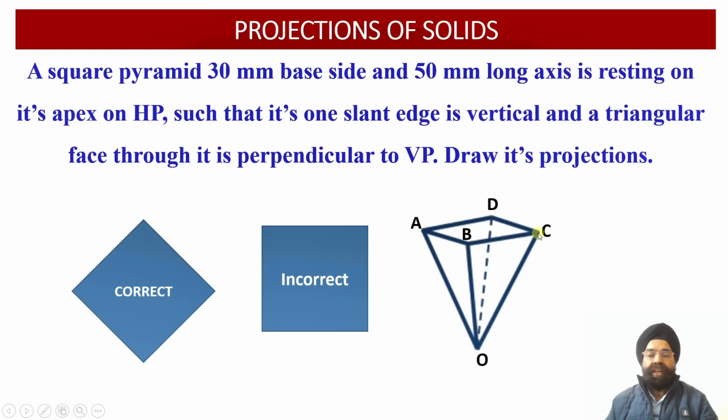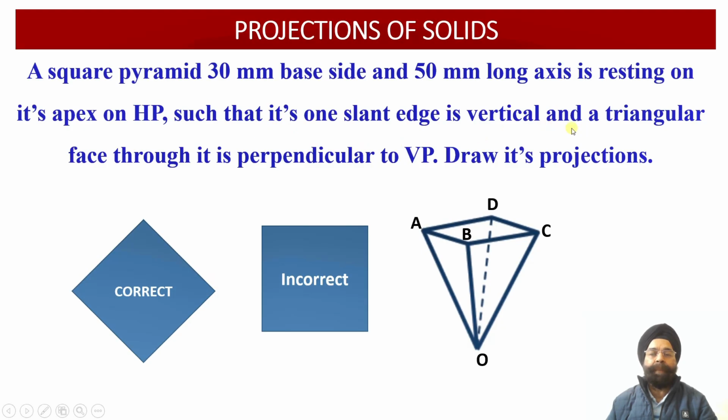Then there will be the slant edge OC, which will not be perpendicular to the horizontal plane. So this way we can make one slant edge perpendicular to the horizontal plane. In this orientation of the square pyramid, the two edges of the base will be oriented at an angle of 45 degrees with respect to the vertical plane.